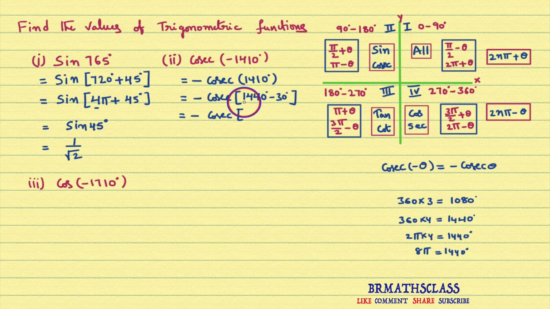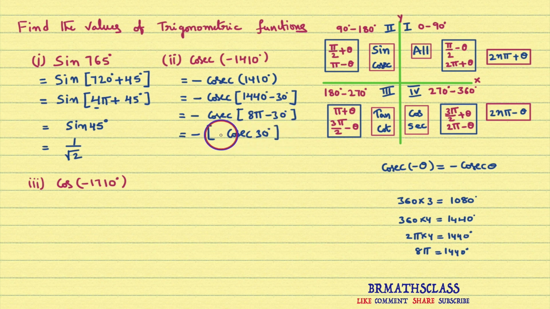So in place of 1440 degrees, you can write 8 pi. 8 pi minus 30 degrees. Okay, that equals minus. You see here, whenever you see pi, 2 pi, 3 pi, 4 pi, 5 pi, 6 pi, all those things, the function remains the same only. Here 8 pi is there. The function remains the same. This is cosec 30 degrees.